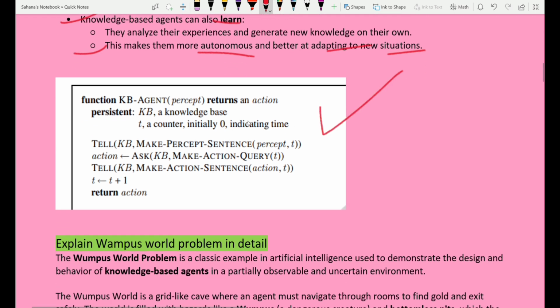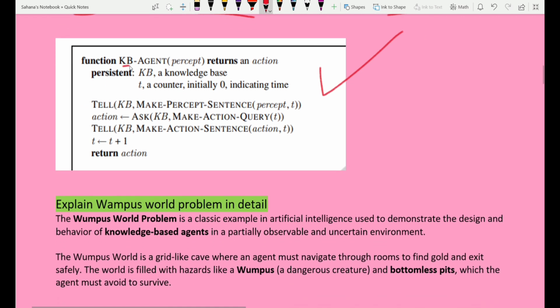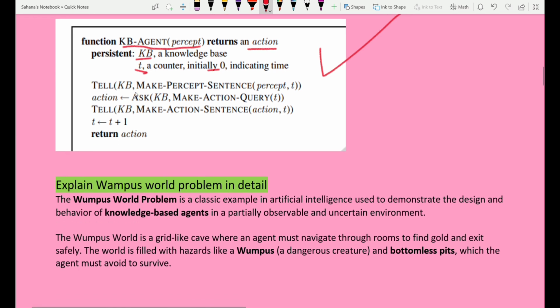This is the algorithm. The function is KB-Agent, the knowledge-based agent. First it observes, and it returns the action. It persists a knowledge base and a time, which is initially 0, indicating the time. First it will observe and tell the knowledge base, making percept sentences. The inputs are the percept and the time.